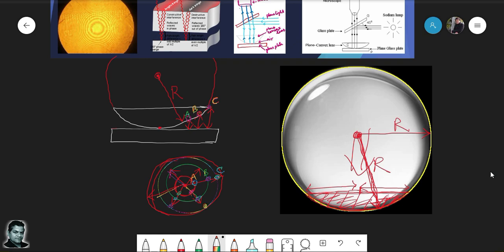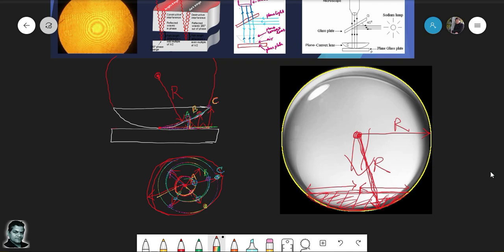Why am I talking about this? Because it will come at a later stage that you have to remember that the thickness of this wedge-shaped thin film at, let's say, A is the same all around this circle. Then the thickness at the point B, which is a little larger than at the point A, is also the same around this circle.